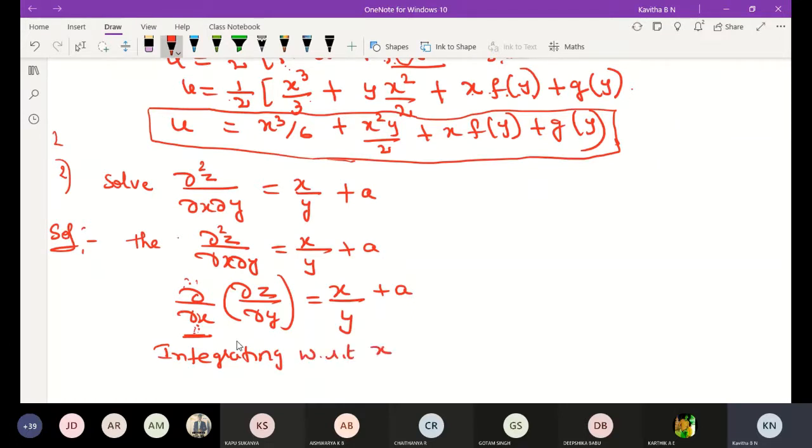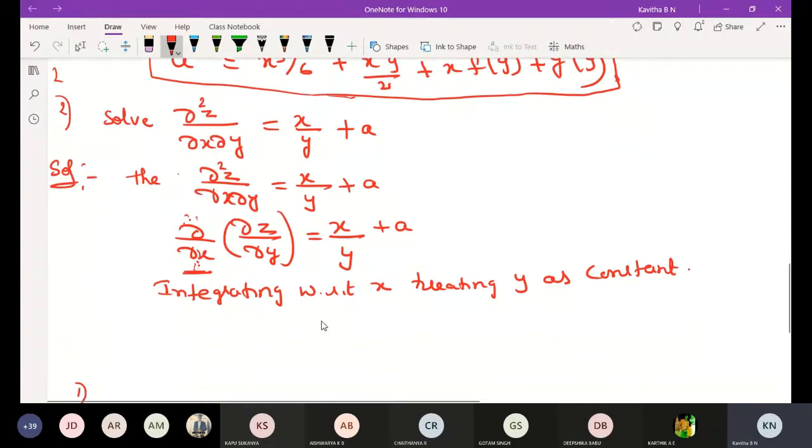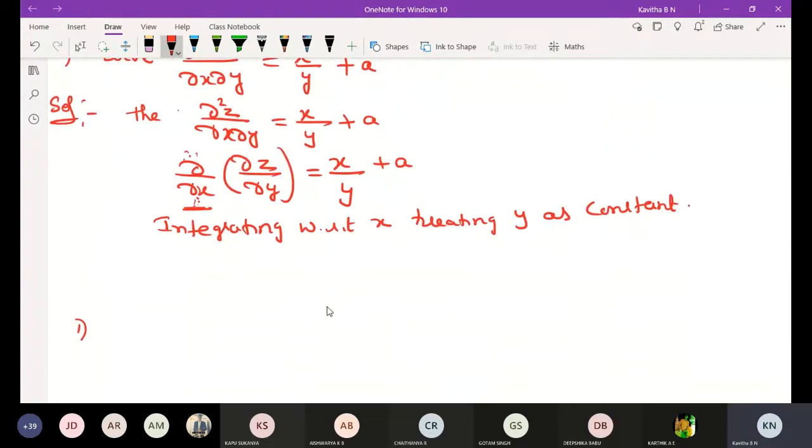Treating y as a constant, what will happen?